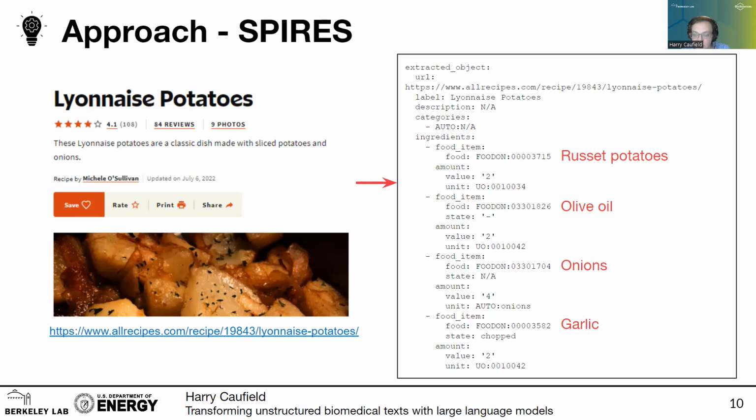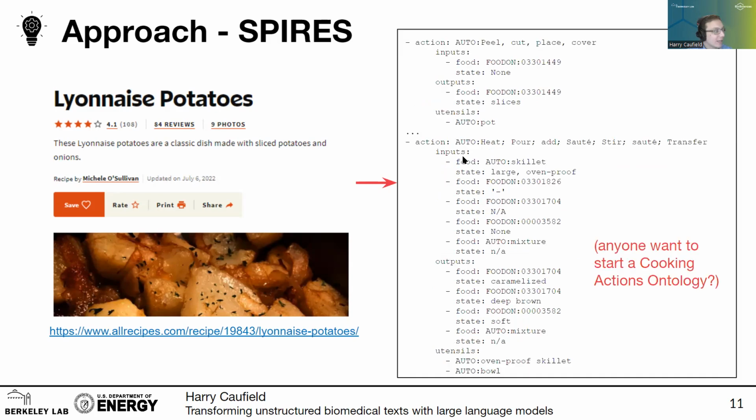And in some cases, the language model has had to do a little bit of inference and say things like, okay, well, the state of this item is chopped, or in one of those cases, well, we actually have 4 onions. Onions aren't really a unit, but our language model is essentially intelligent enough to figure that out. Now, we can also go in and, based on the same model, try to say, okay, well, here's the set of actions that needs to happen in the order that they need to happen.